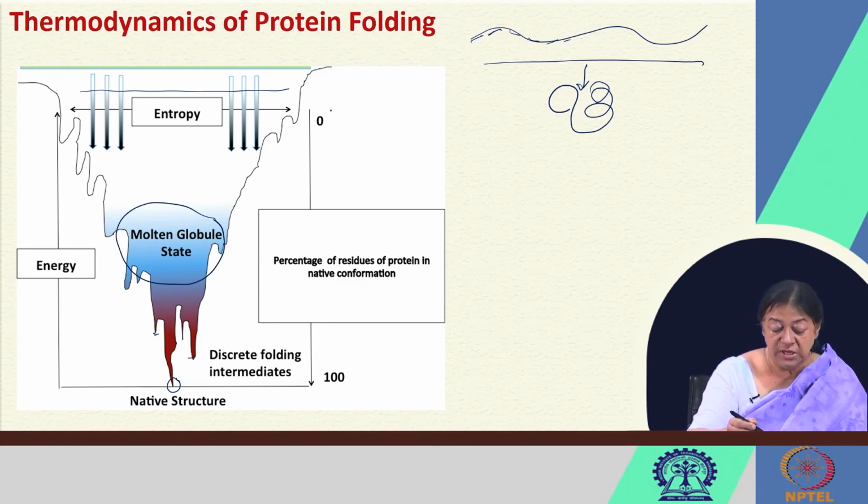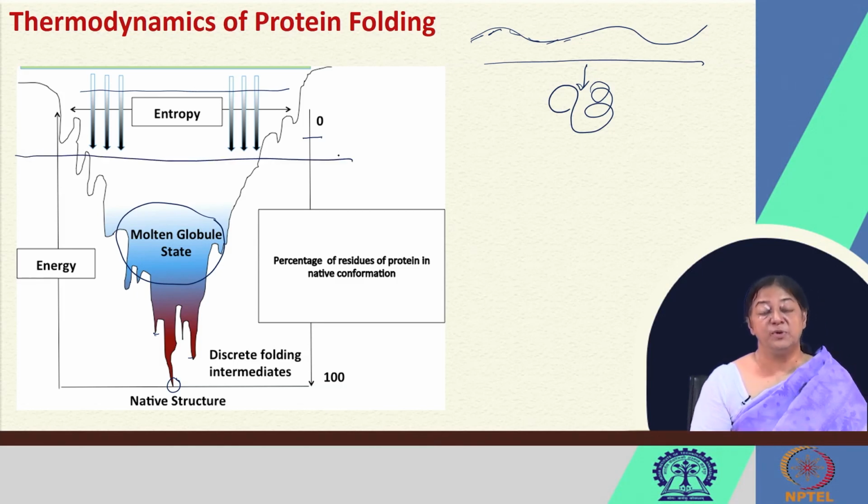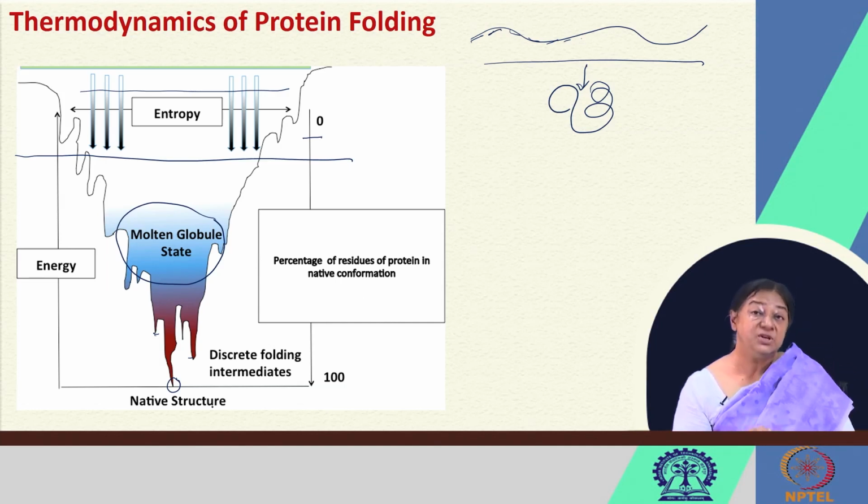So, initially when we have the polypeptide chain, we have a large number of possibilities that gradually then get to a minimum energy state to give us the native structure.